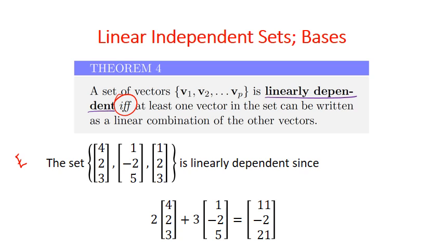For example, this set here is considered to be linearly dependent because we can rewrite this set as a linear combination. So that is demonstrated here.